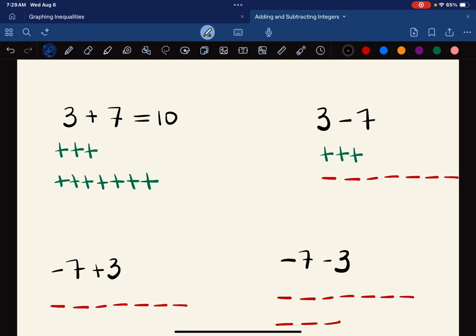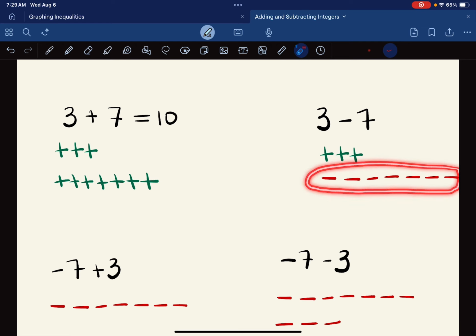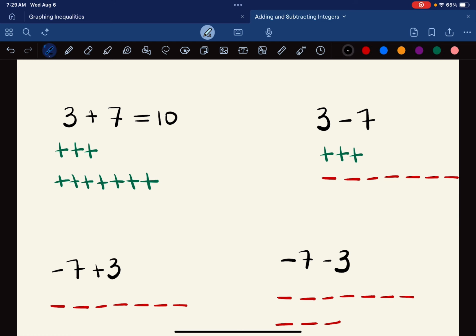Let's take another problem. 3 minus 7. In this case, we have 3 of these positive symbols right here, but then we have all of these negatives to represent our minus 7. Now, every single plus sign and minus sign are inverses of each other. They undo each other. They can cancel each other out.